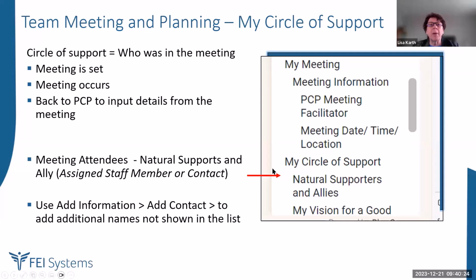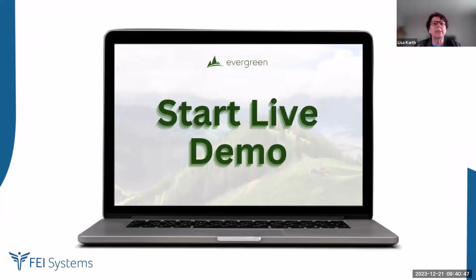There's going to be a button, remember that My Information, that we can use to add additional contacts. And just a reminder, attendees cannot be paid to provide services or be employed by the provider. So let's look at this section in the system.